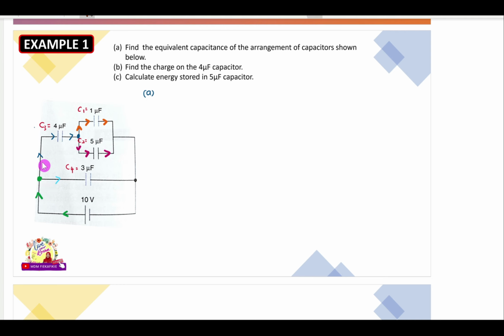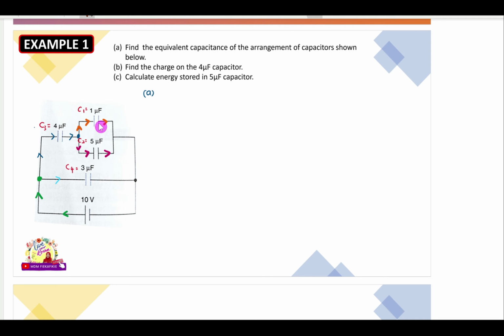Alright, so this is the dark blue. Alright, and this is the light blue. And until this junction, so the current split into 2 paths again. So we have orange color and this is the pink color. Alright, pink or purple. Okay, from this flow of current, we can say that C1 and C2 are parallel.